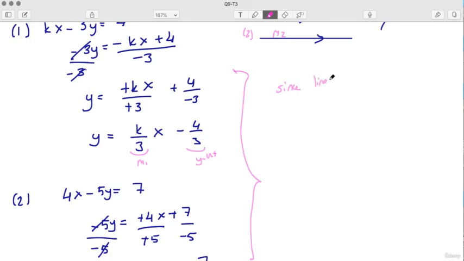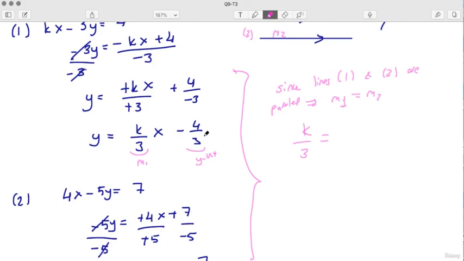Since lines 1 and 2 are parallel, their slopes have to be equal. Now I'm just going to make the substitution. m1 for line 1 is k over 3.